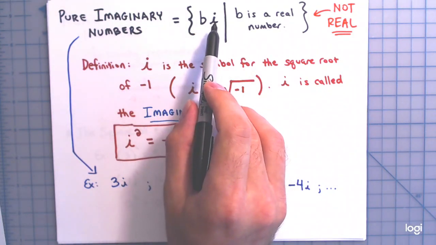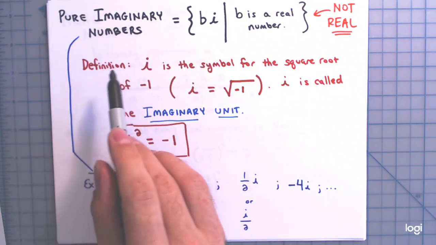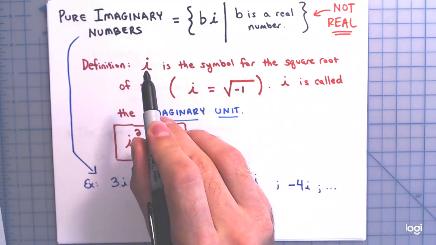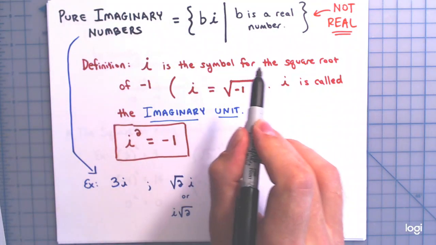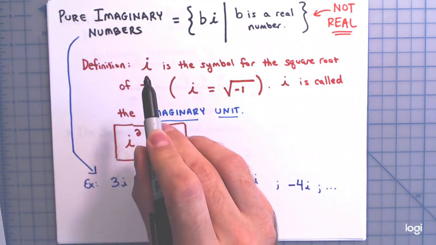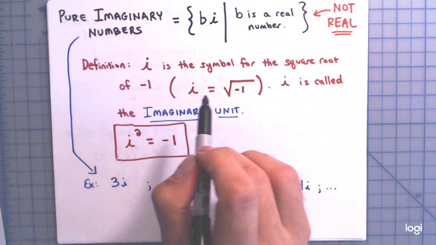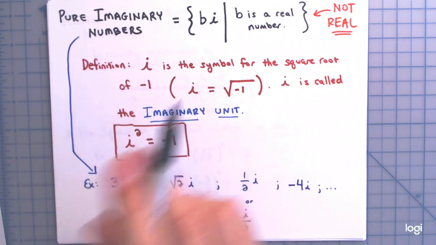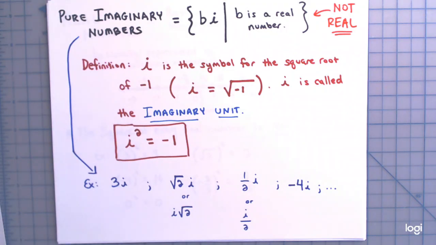Now, what is this i that I write here, this symbol i? So I have a little definition of that here for you. When you see this symbol i, i is the symbol for the square root of -1. So i is the number that when you square it, you get -1. You get a non-positive result.